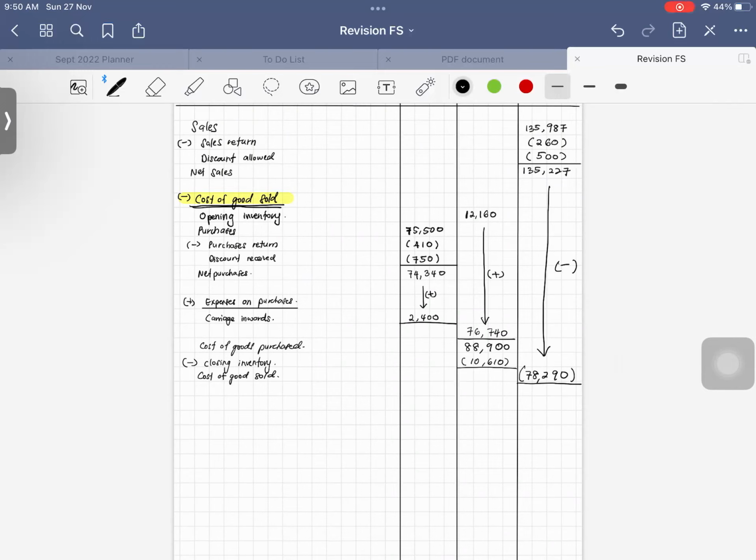Okay, bila minus dapat 135,227 tolak 78,290. Dapat berapa? 56,937. Betul? 56,937. Betul.